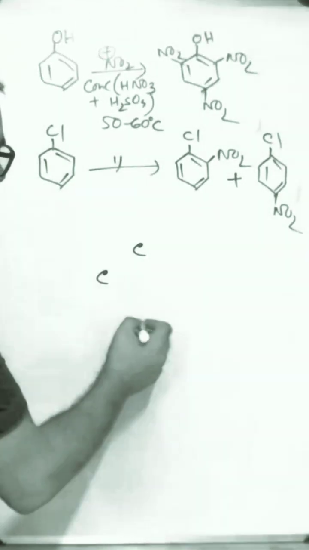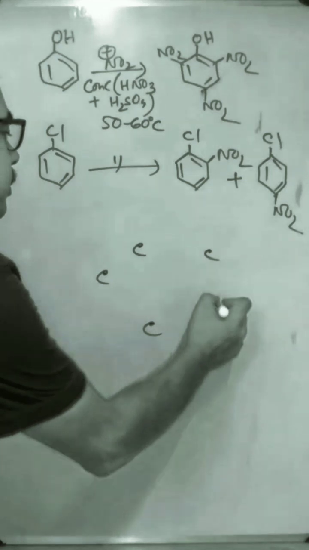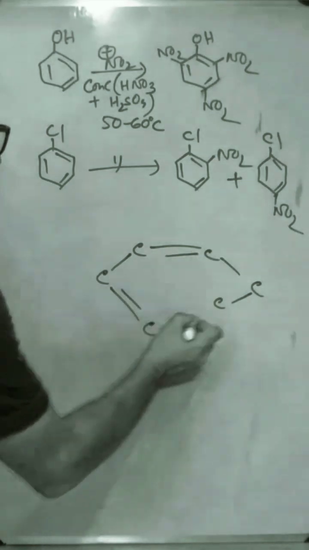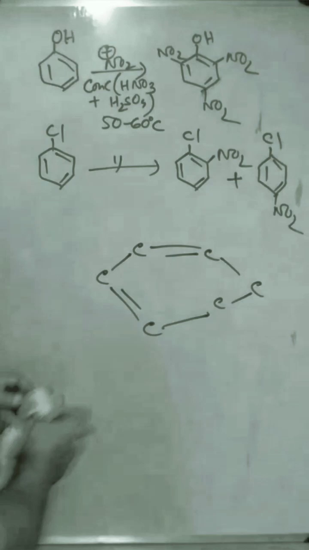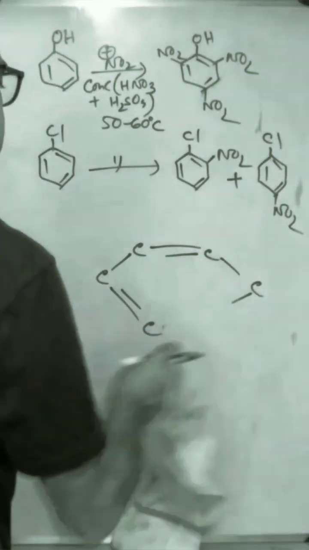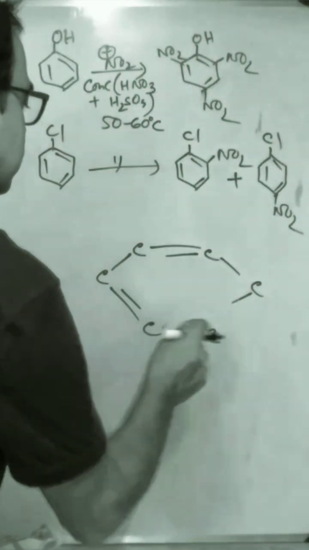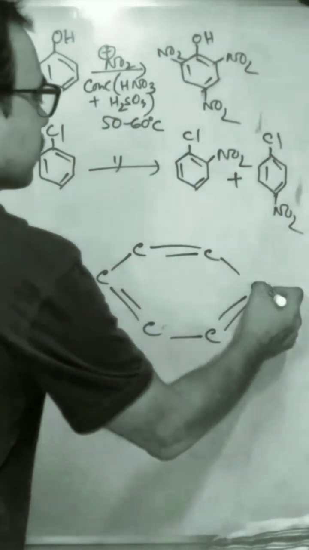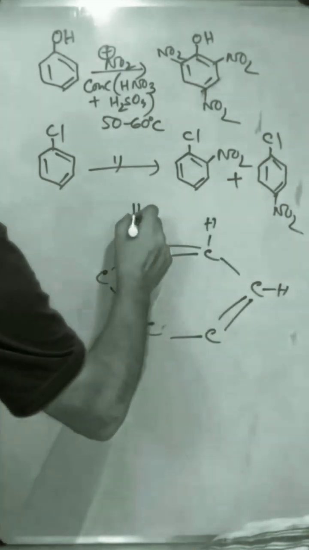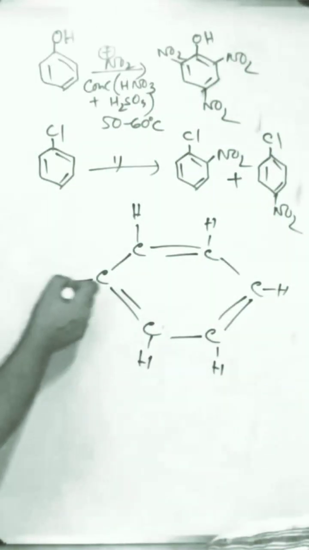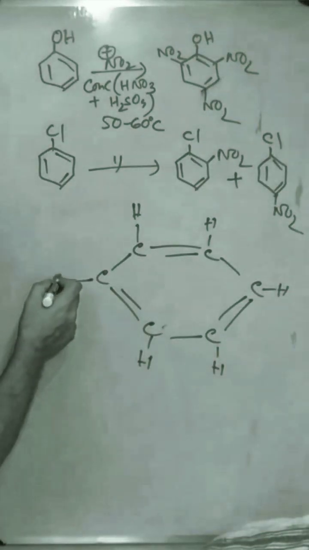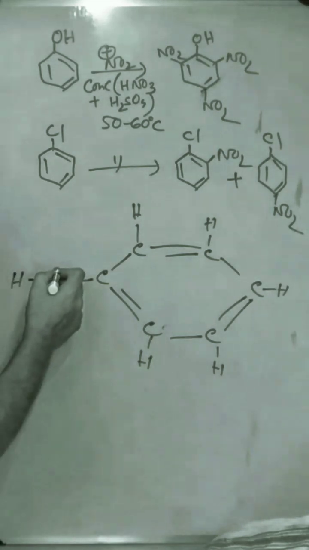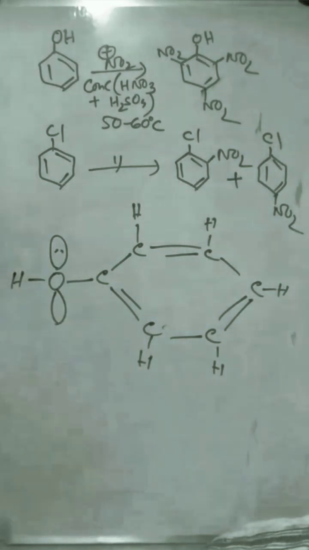In benzene, 6 carbon atoms are there, all having alternate double and single bonds, and all having hydrogen atoms attached. In phenol, oxygen is present, with a hydrogen atom also attached to the oxygen. Here the oxygen has a lone pair of electrons, and that lone pair is present in a 2p orbital.